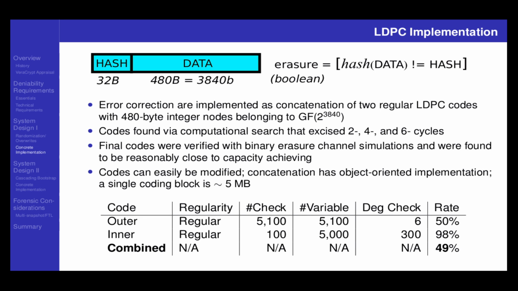So LDPC, low density parity check, this error correcting code, the implementation. What I mentioned before is that sectors that are overwritten by the cover system are sacrosanct. They cannot be touched by the hidden system when it's writing data to the slack space. And the way it's done is by simply taking each sector and allocating 32 bytes to a hash.